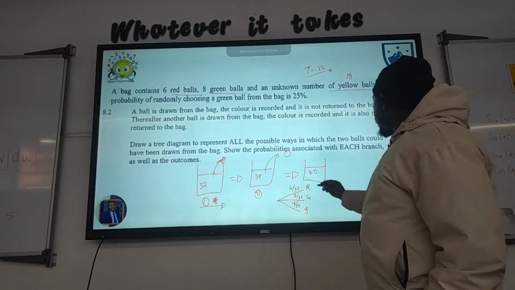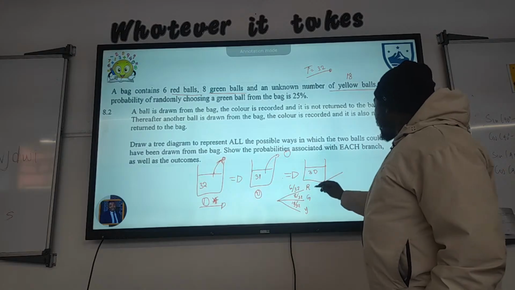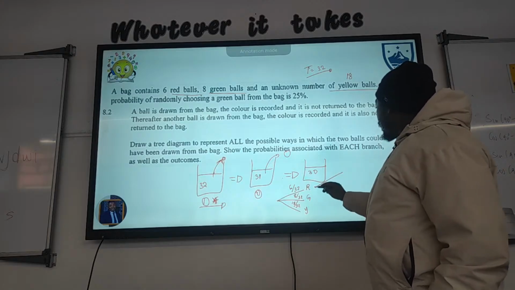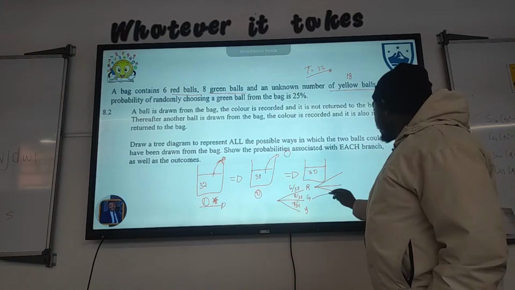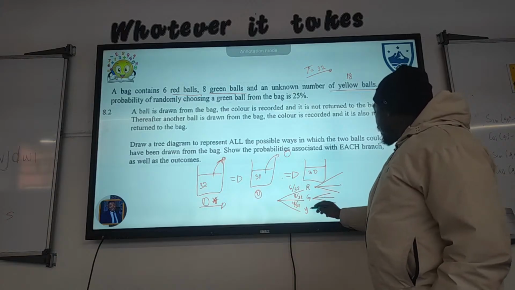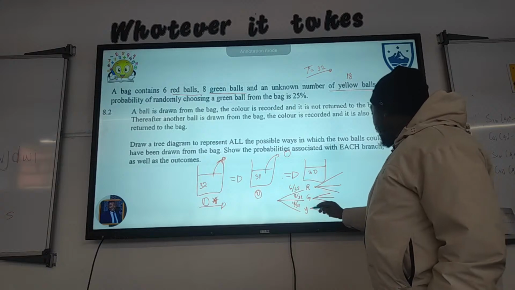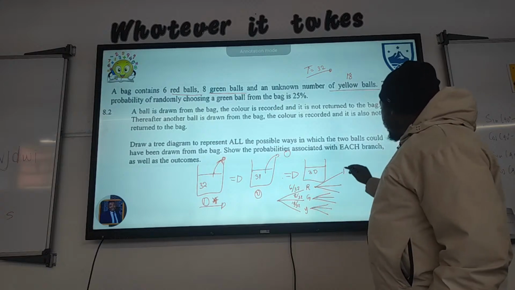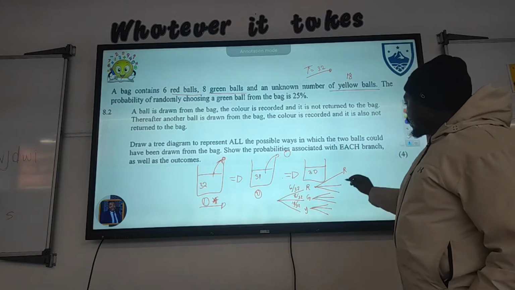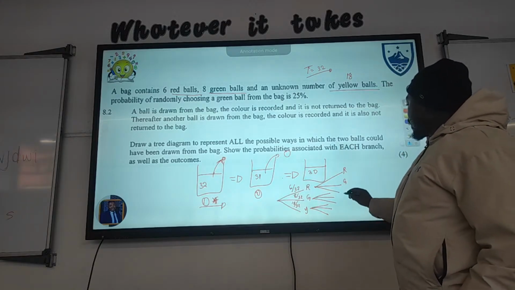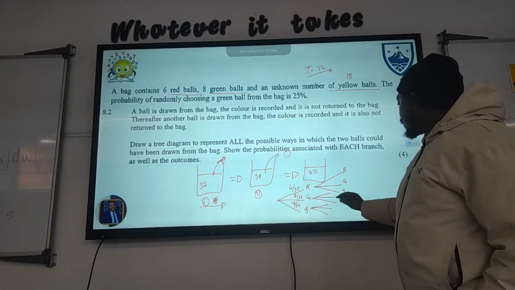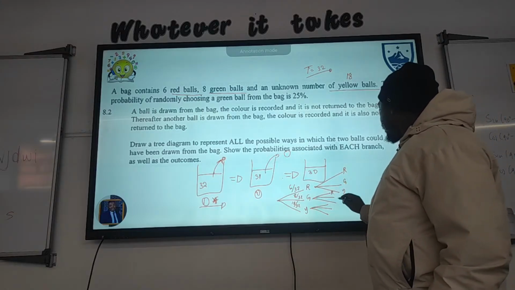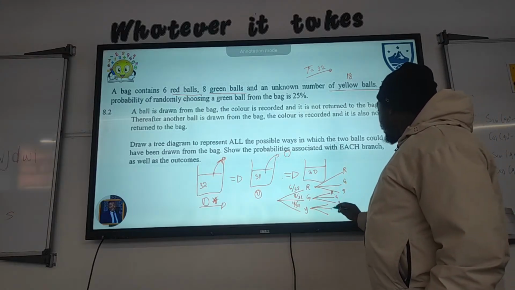Now the second branch must have the same branches as the first one, because yes, you still have the red, you still have the green ball, and then you still have the yellow ball. Red, green, yellow.